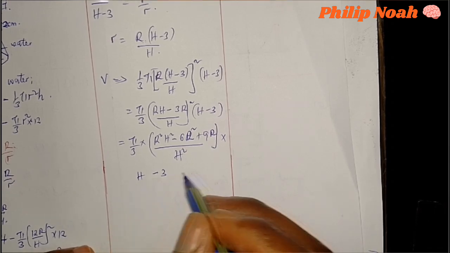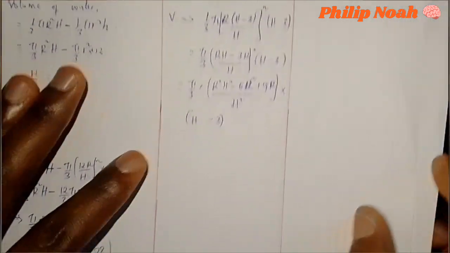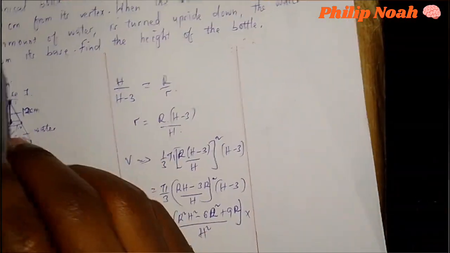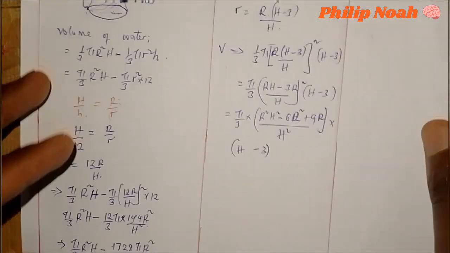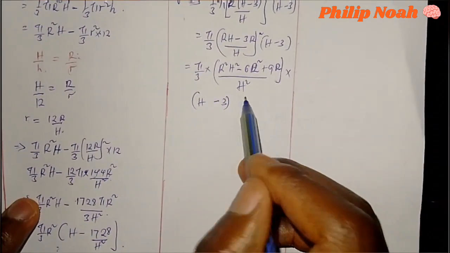So after this, what are you going to do? We shall equate, because it's the same amount of water in the two cases. This volume of water will be equal to this volume of water.